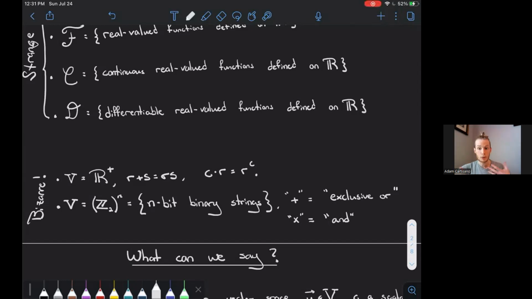My vectors are positive real numbers. I'm defining addition of two numbers, when I add them together, as taking their product. So, for example, 0.1 plus 3 in this vector space is defined as 0.3.